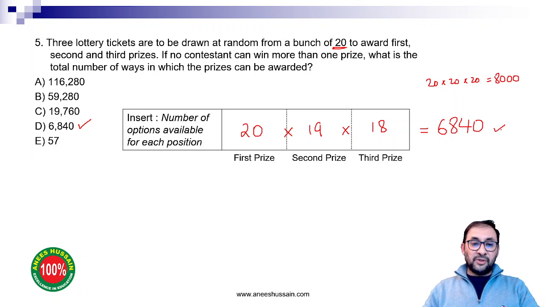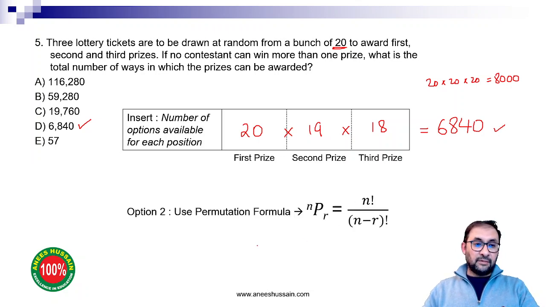You could have also used the permutation formula, again, like the previous cases. So we have 20 tickets, of which we are only choosing and arranging 3 tickets as the first prize, the second, and the third. So nPr is n factorial over n minus r factorial. 20P3 would be 20 factorial divided by 20 minus 3, which is 17 factorial.